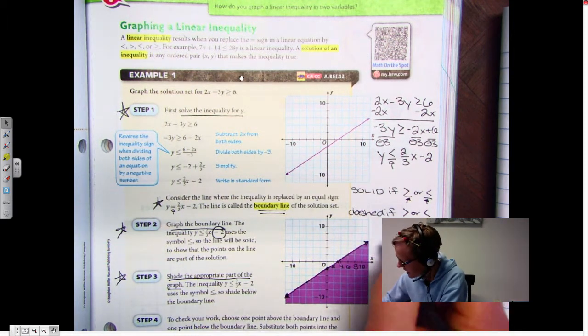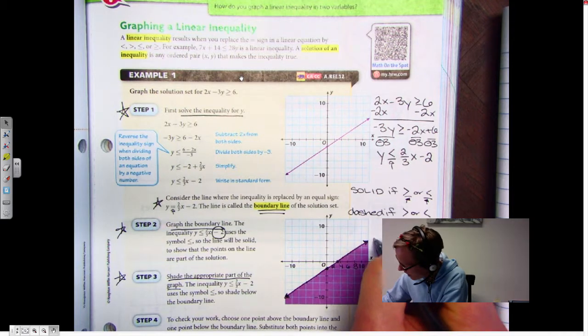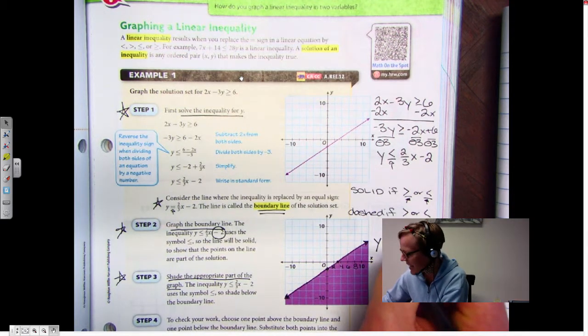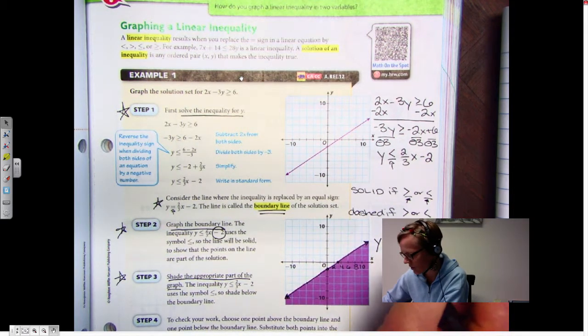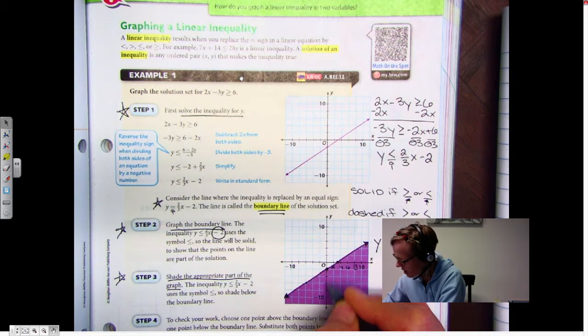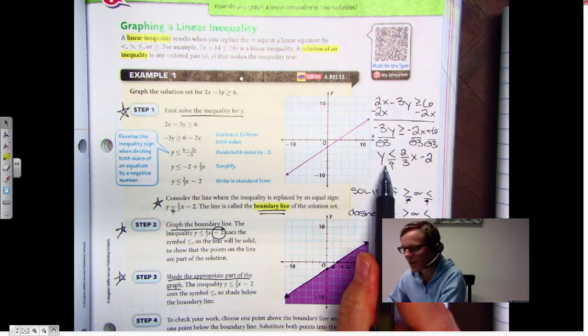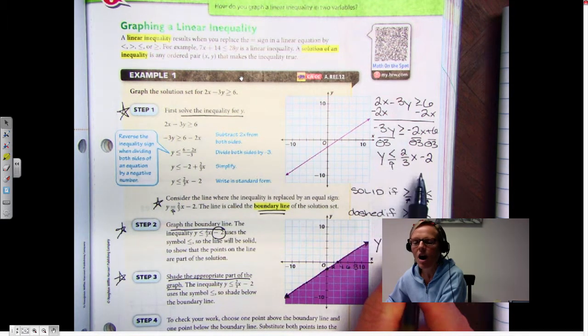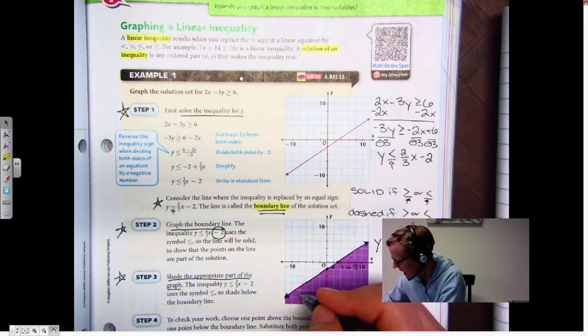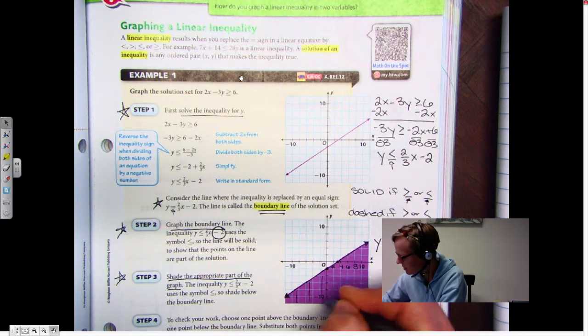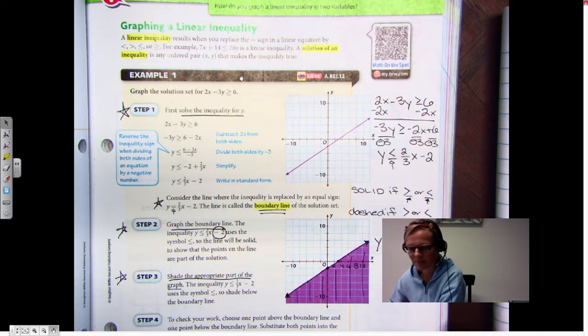So what they've done is they've said, if the y value is less than or equal to, so the y values are less than when they are lower on the y-axis. So because our symbol is oriented so the y values are less than our answer here, they've gone ahead and they've shaded this whole direction. Okay?